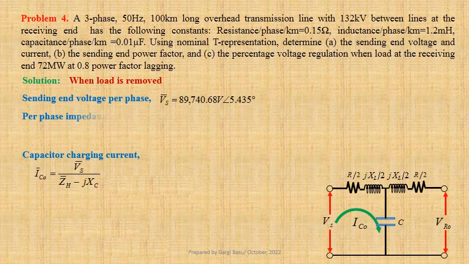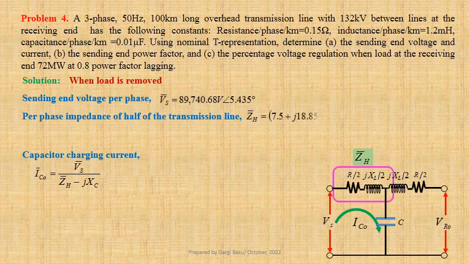Per phase impedance of half of the transmission line Zh equals to 7.5 plus J times 18.85 ohm, and capacitive susceptance per phase Bc equals to 3.1416 into 10 to the power minus 4 mho.